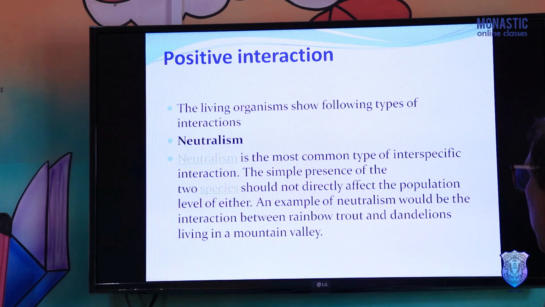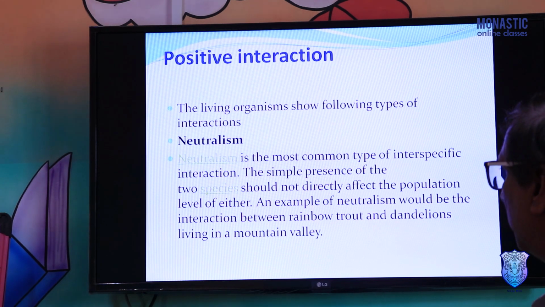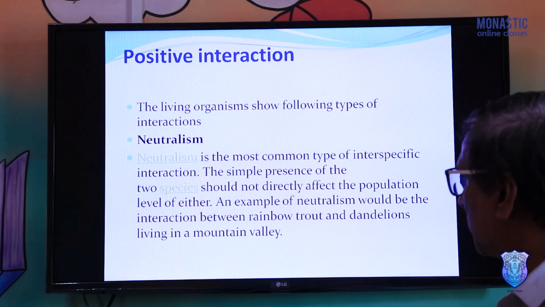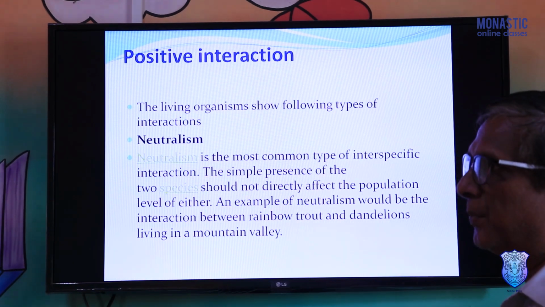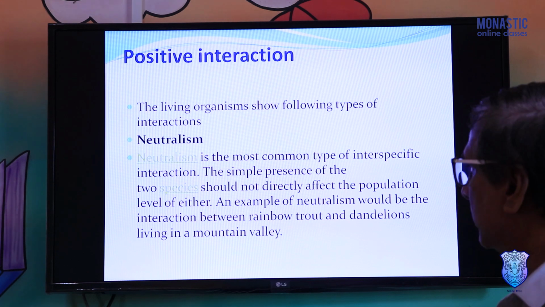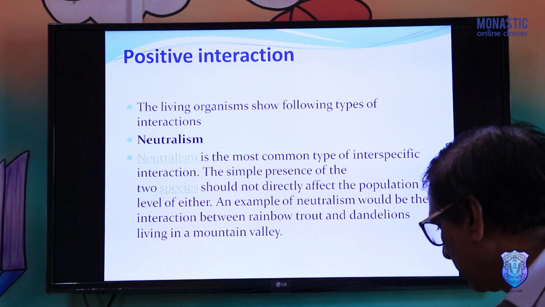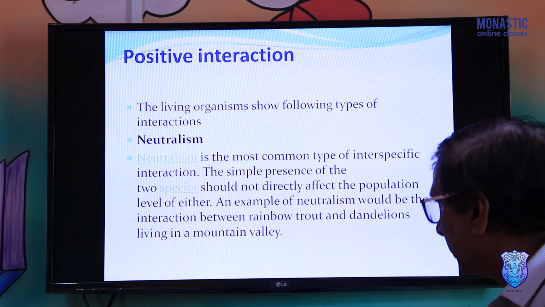An example of neutralism would be the interaction between the rainbow trout and dandelions living in a mountain valley. These two live together, but without any effect, neither positive nor negative.